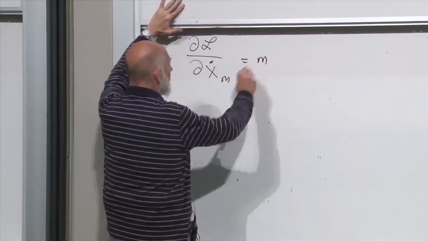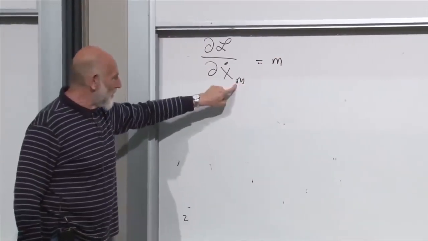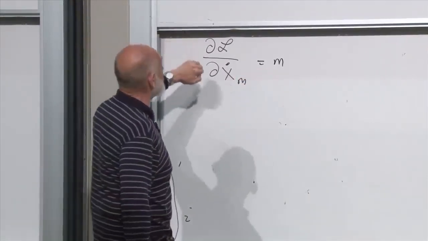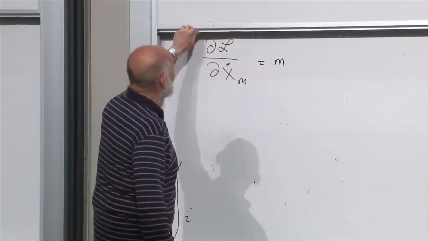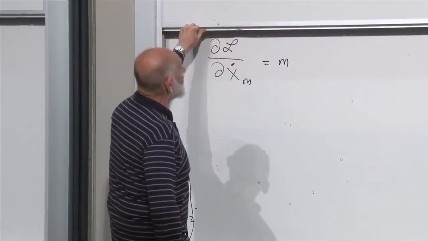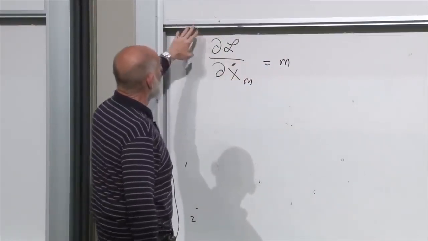It's m. Incidentally, this m is not the same as this m. This m is an index. This m is a mass. Okay, let's not get confused. I apologize for that, but it's too late to do anything about it now. This one is mass. This one is the component m.